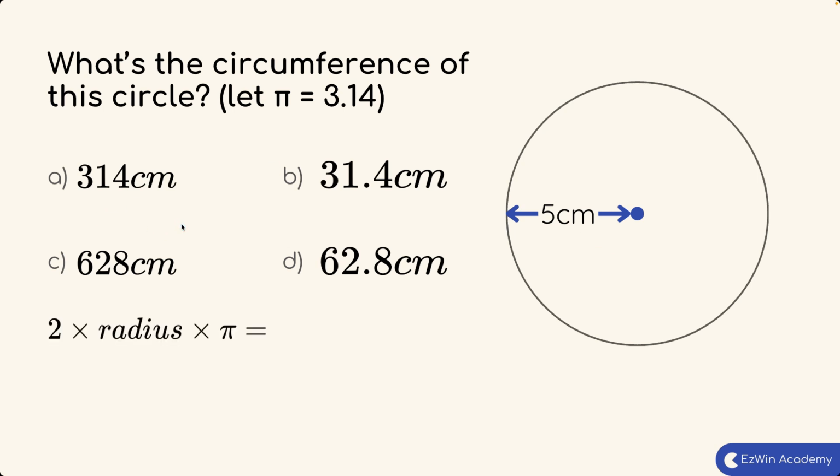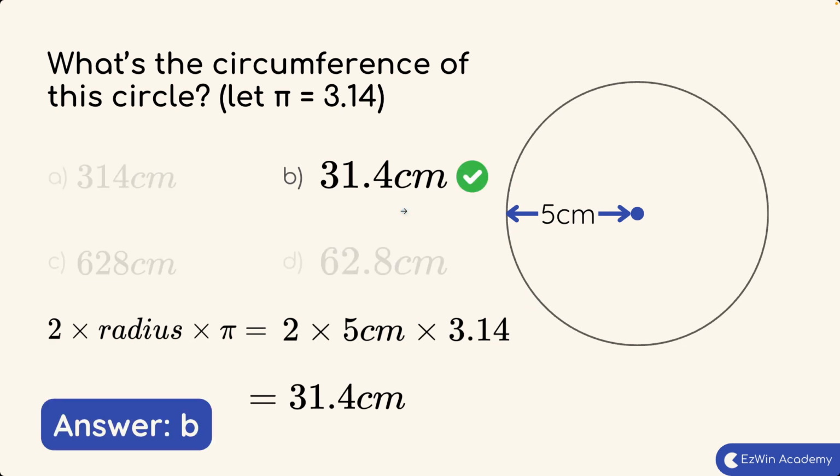The equation is 2 times radius times pi. So we just need to swap the radius with the circle's radius over here, and it will become 2 times 5 centimeters times 3.14. Since 2 times 5 is 10, then 10 times 3.14 will be 31.4 centimeters. If your answer is B, you are right. And you have another mark.